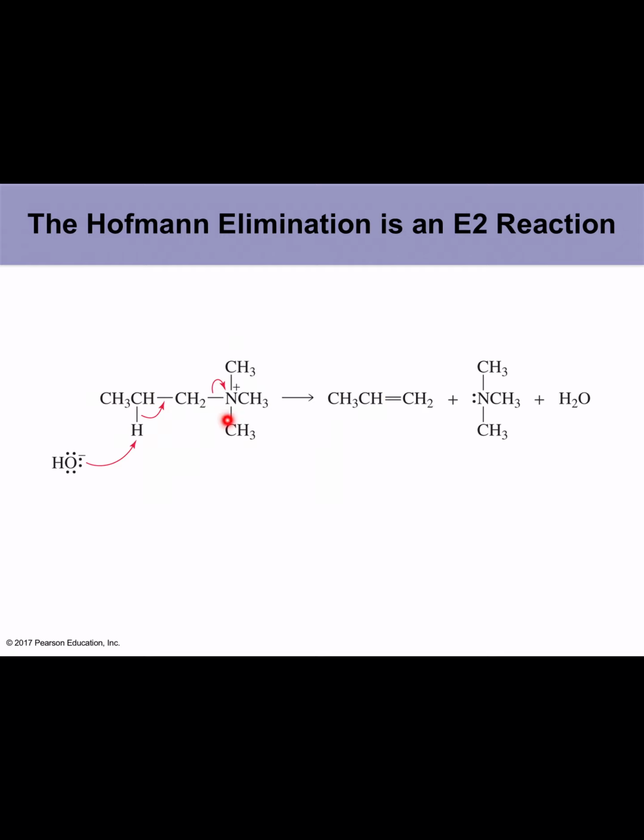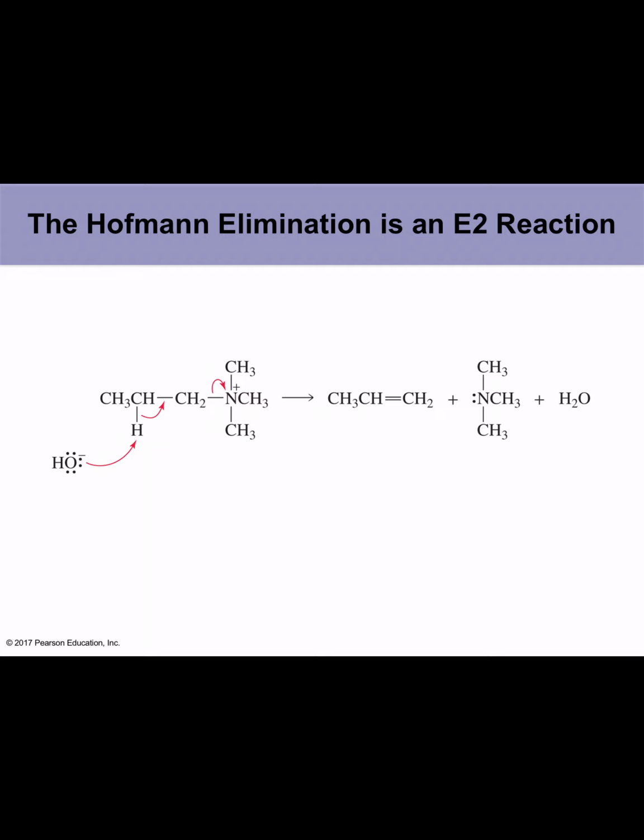You see here this nitrogen has 3 methyl groups, and also it has another alkyl group where the beta carbon has a hydrogen attached to it. So once the base is introduced, the base goes and grabs hydrogen from the beta carbon, and then the hydrogen-carbon bond breaks, gives its electrons to form a double bond between these two carbons, and then the nitrogen-carbon bond breaks, and then you have a stable molecule, trimethylamine, and also you form an alkene.